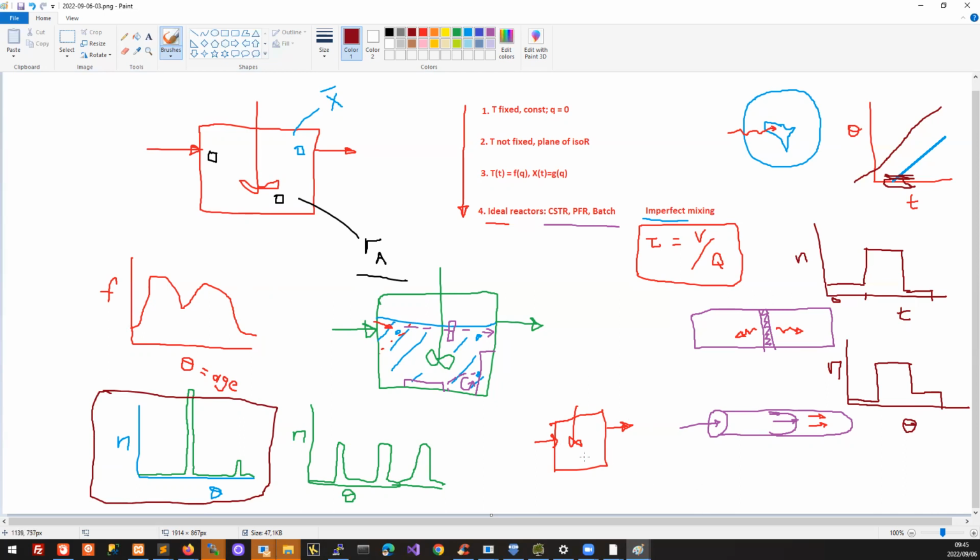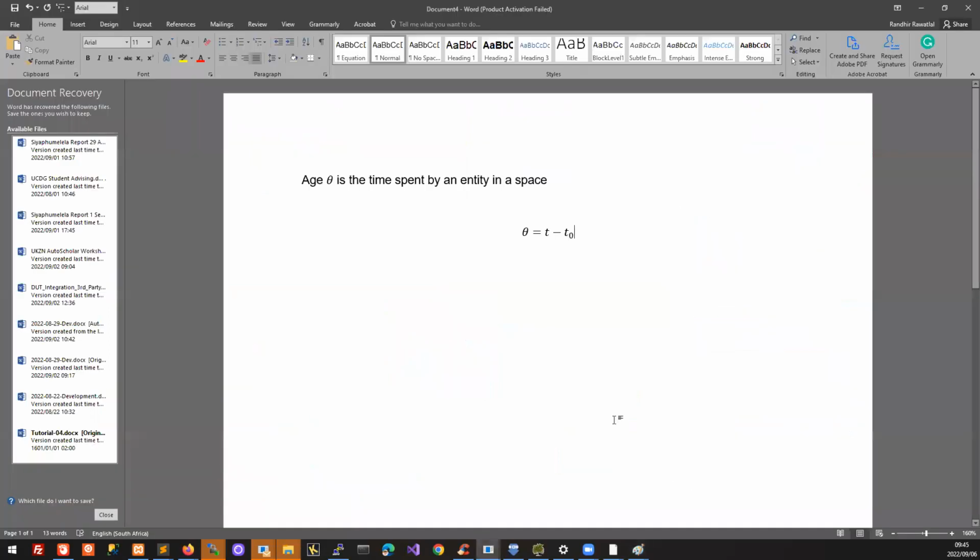For example, you can define an age distribution inside of a reactor, and you can define a different age distribution at the exit of a reactor. And we'll show that in some cases, those are not the same thing. So you get different age distributions, even when you are talking about the same objects or the same entities. So that's another concept, that you have multiple age distributions that are possible.